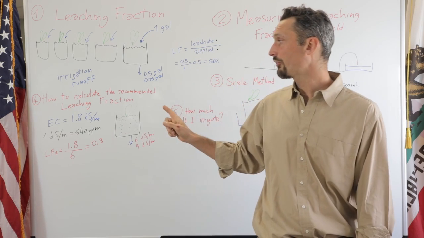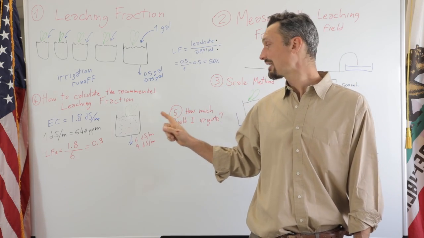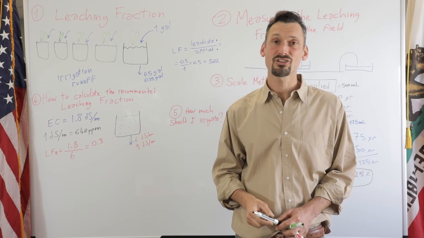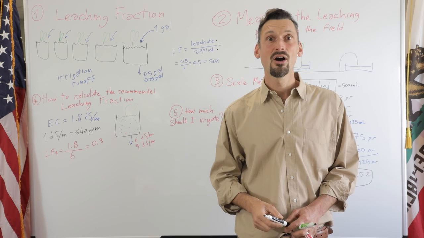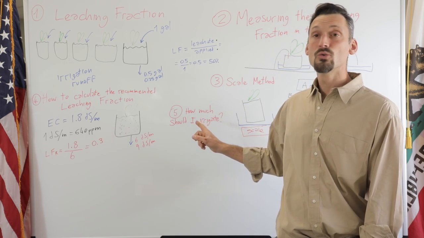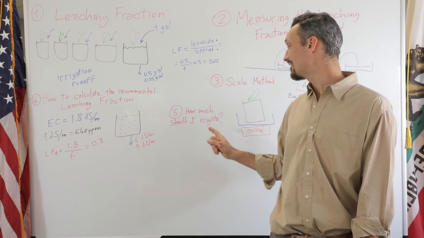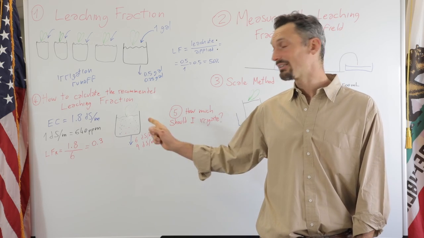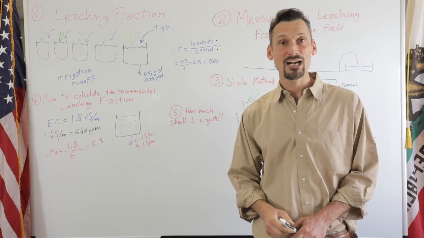In the fourth video we showed how to calculate the recommended leaching fraction based on the salinity of your irrigation water, and in this video we will show you how to calculate how much water you should apply to achieve that recommended leaching fraction.